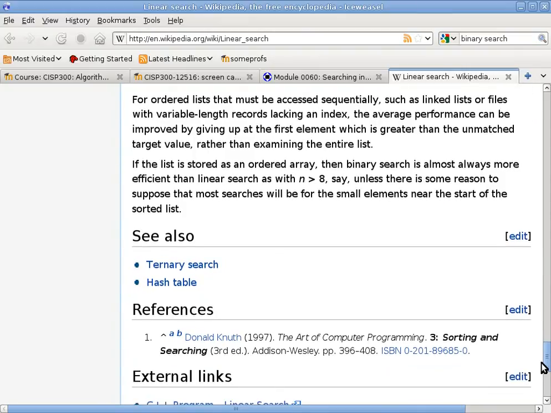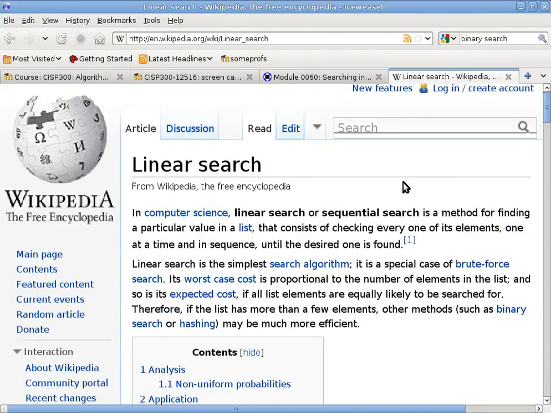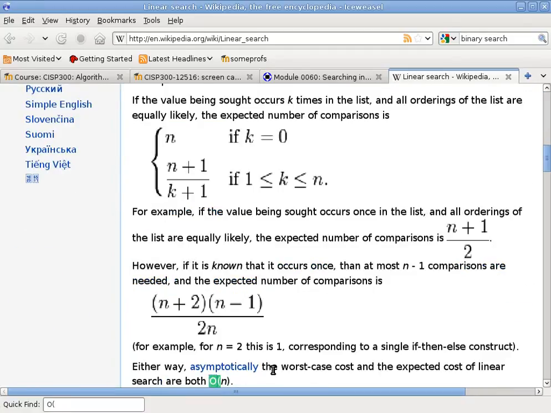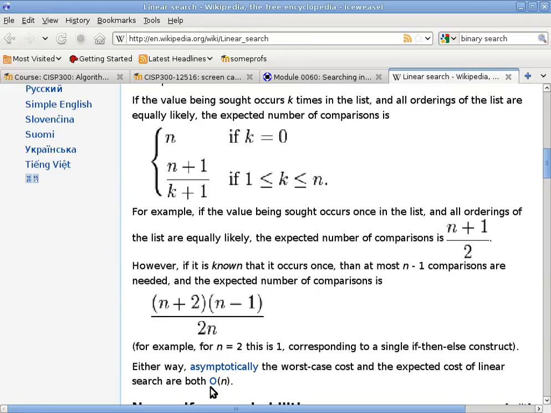Nope, does not have a time complexity. Oh, it does. It's just not listed the same way as the other one. The linear search complexity is big O of n. So the big O of n, which is this little notation here, is saying the execution time of the linear search algorithm is proportional to the number of elements in the array.